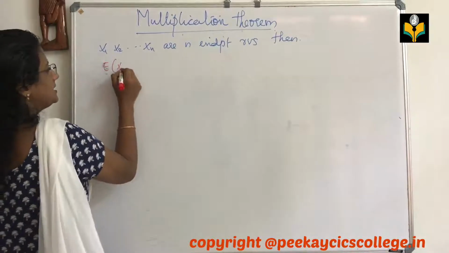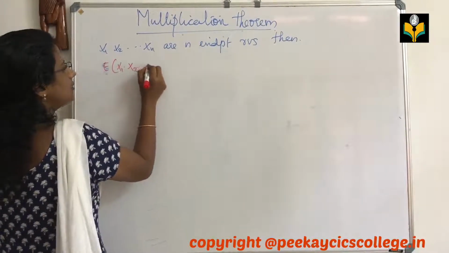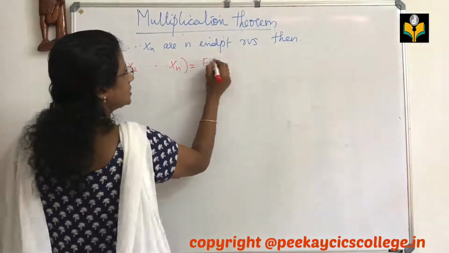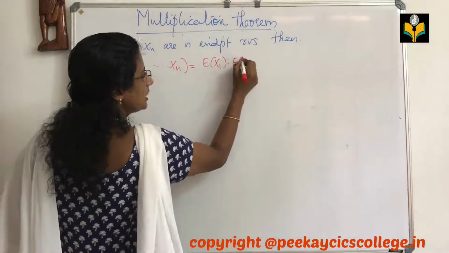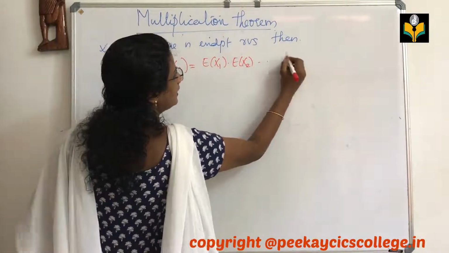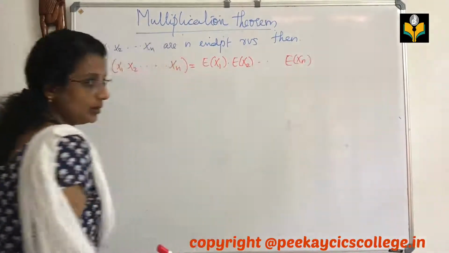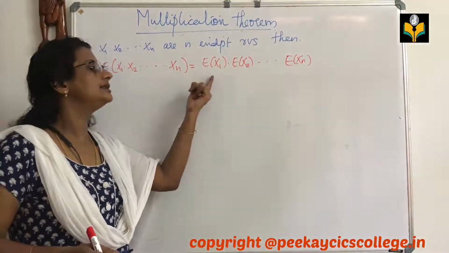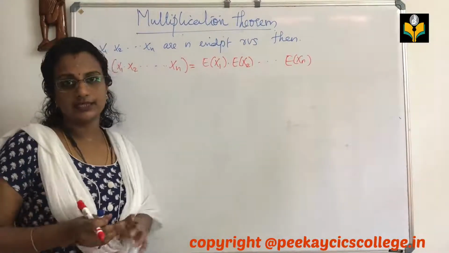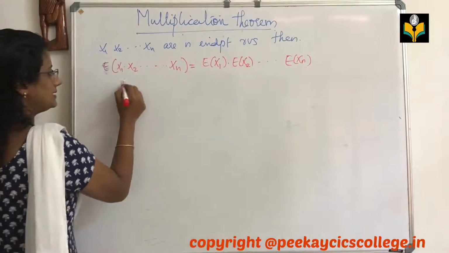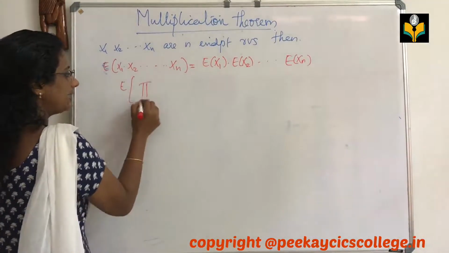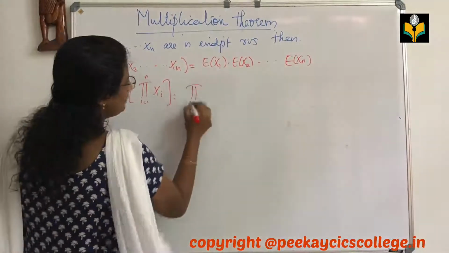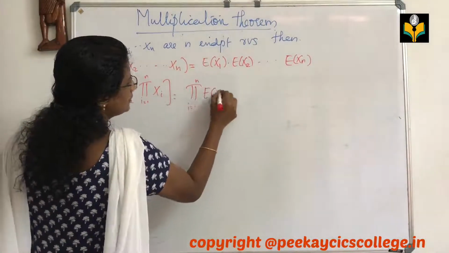Expectation of X1 into X2 into etc. Xn equals expectation of X1 into expectation of X2 etc. expectation of Xn. What does this mean? Expectation of the product of n random variables is equal to the product of their expectations. Symbolically, expectation of product i from 1 to n Xi equals product i from 1 to n expectation of Xi.